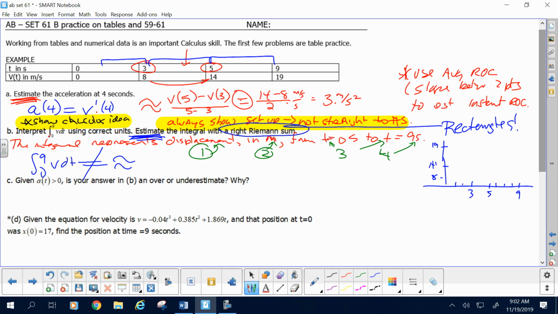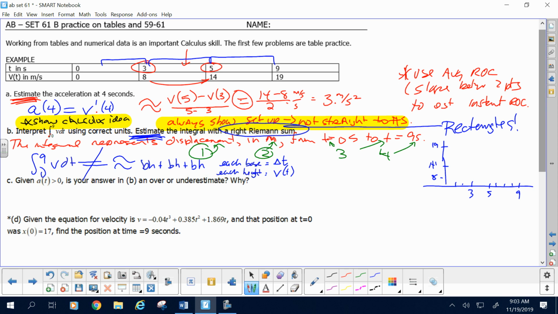But the idea is you're using 3 rectangles. Each base is a delta t. And each height, normally I'd say function, but in this case the function is v at some time, yeah?